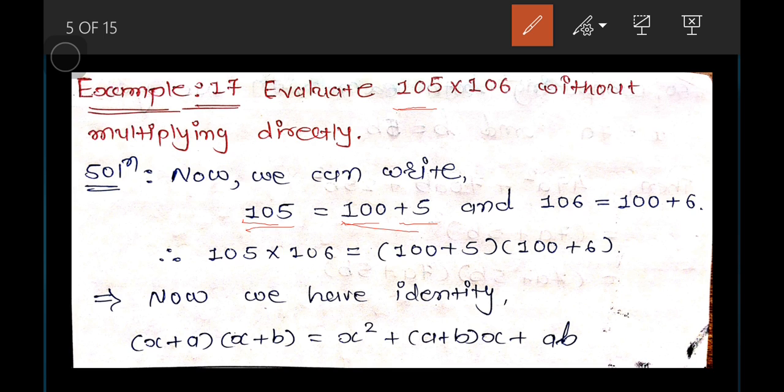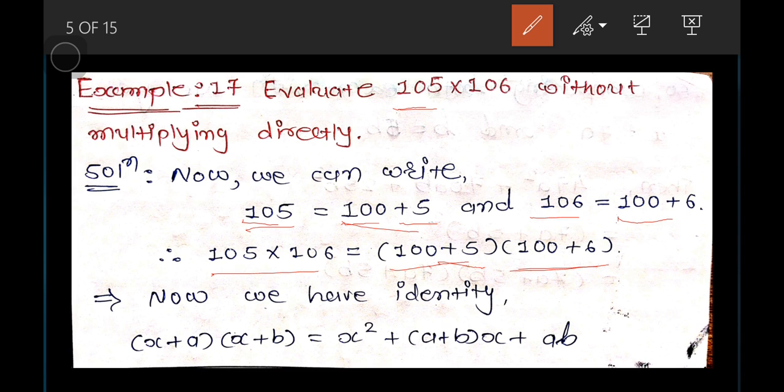So we have taken 105 as 100 plus 5, and 106 we can take as 100 plus 6. So now the product of 105 and 106 is equal to, in brackets, 100 plus 5 into 100 plus 6.